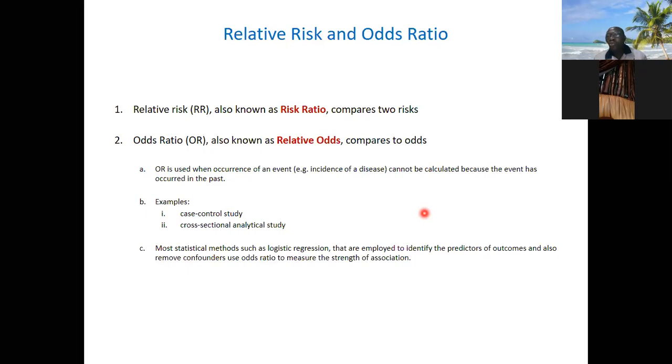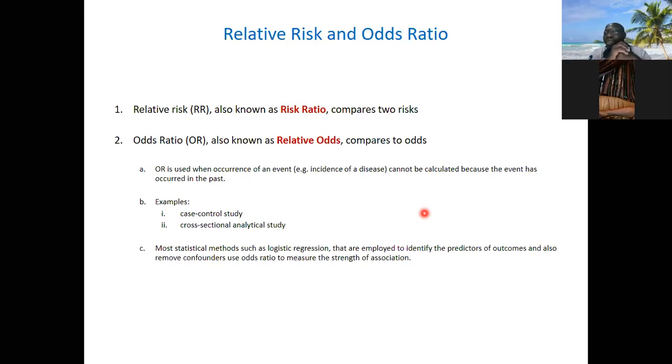So you will not say that most of the people that are obese are hypertensive, because some of them were hypertensive before they became obese. Not all of those that became obese developed hypertension. Some of them were hypertensive, and later they became obese. So you cannot really say which one comes first.